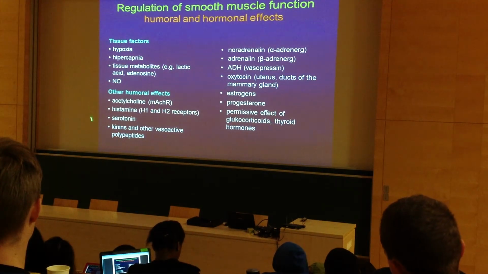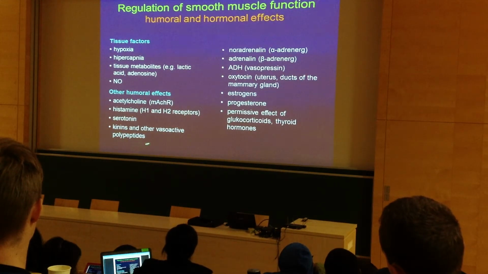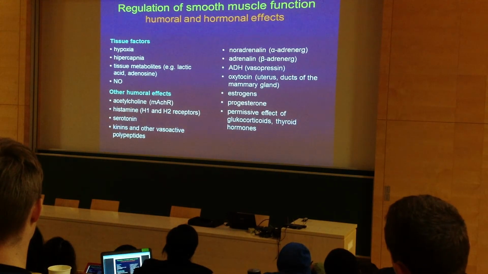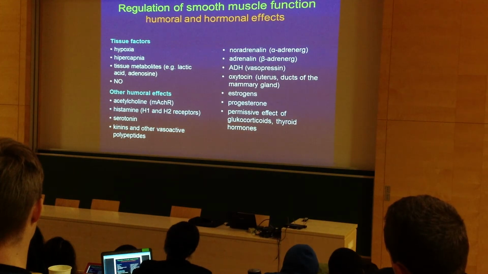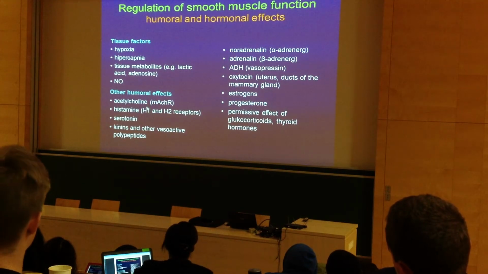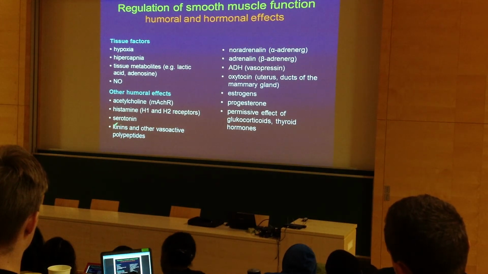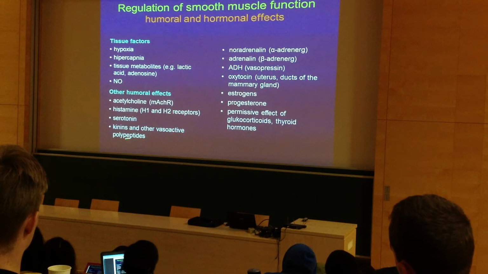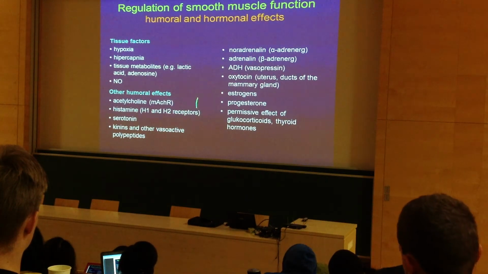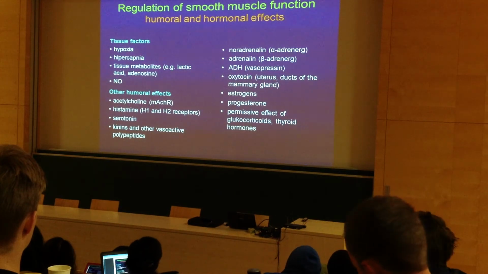There are a number of factors that circulate in your blood or come from nerves that can affect your smooth muscle contraction, from acetylcholine and norepinephrine to other vasoactive polypeptides to hormones and so on. And all these you will need to understand.